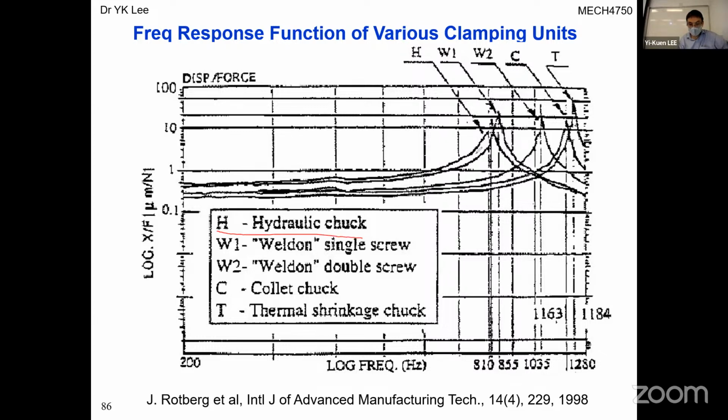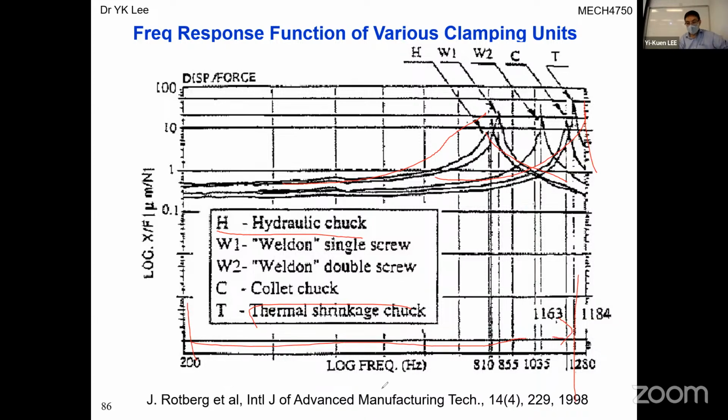With a hydraulic chuck, we have this frequency response, and then if you use a more sophisticated thermal shrink chuck, you see the frequency response has a much higher bandwidth.